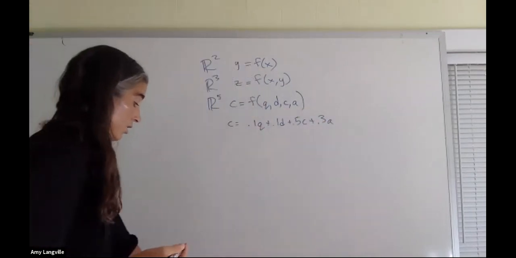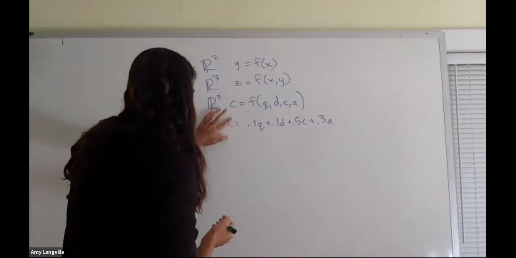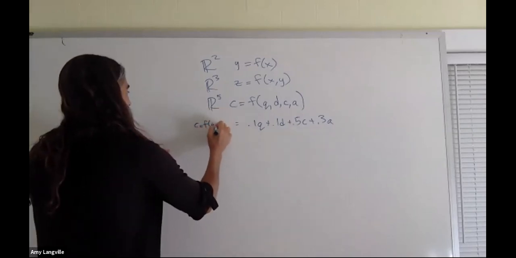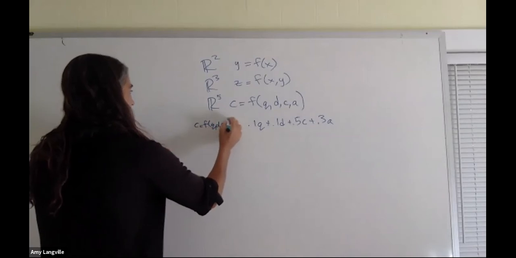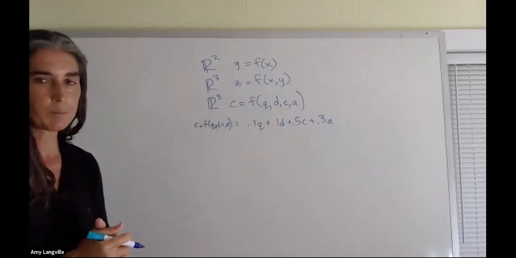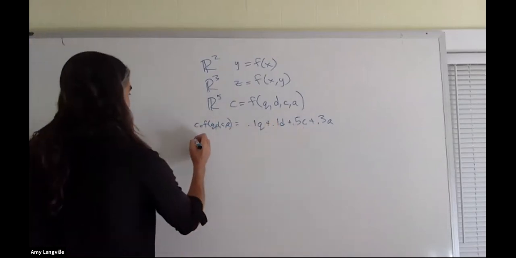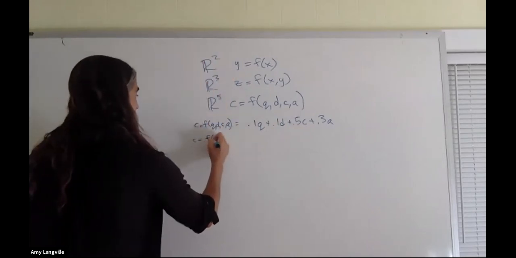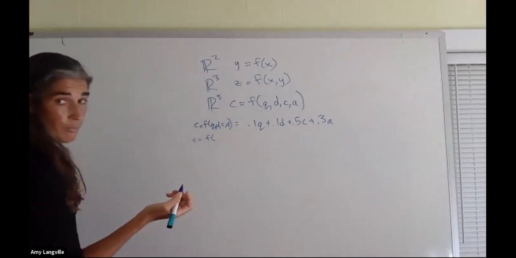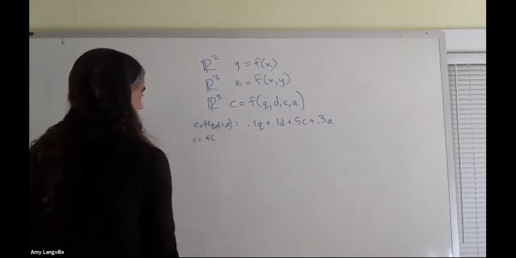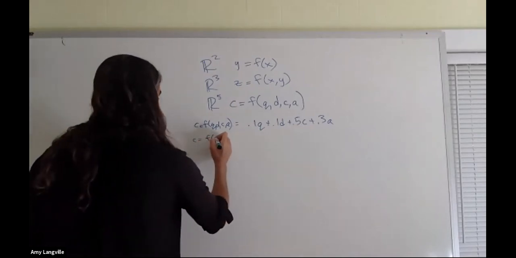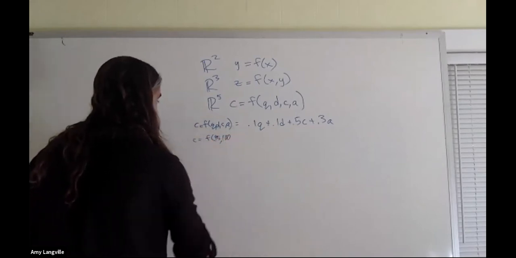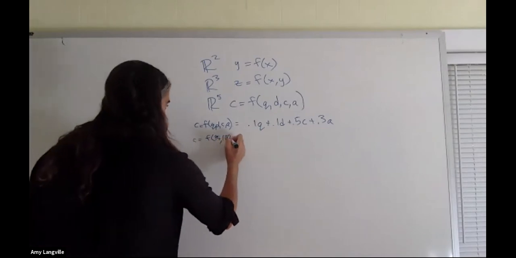Now I've written this in a functional form, and I can say C is still a function of all those things: quizzes, discussion, challenge, activities, and we combine them this way. Then you can evaluate functions just like you did in R2 at a particular point. It's just that the point has more values now. You can put in values: maybe your quiz average was 95, you did great on those discussions, you're awesome, a teammate always participating, so 100.